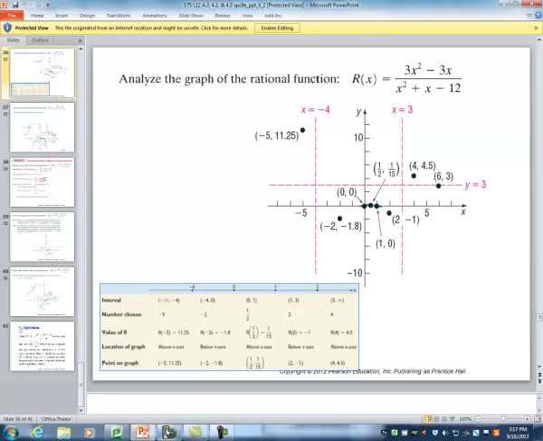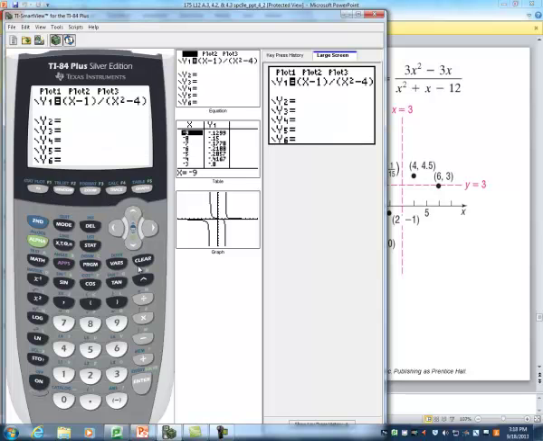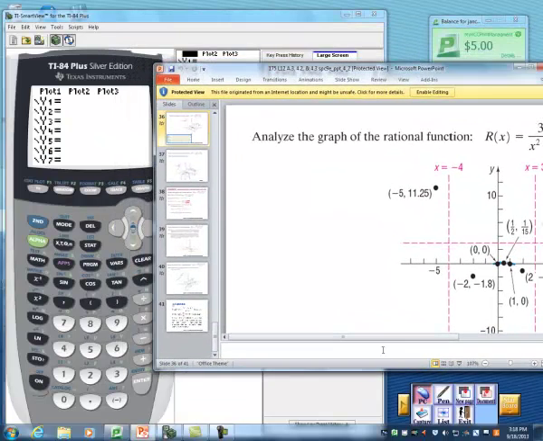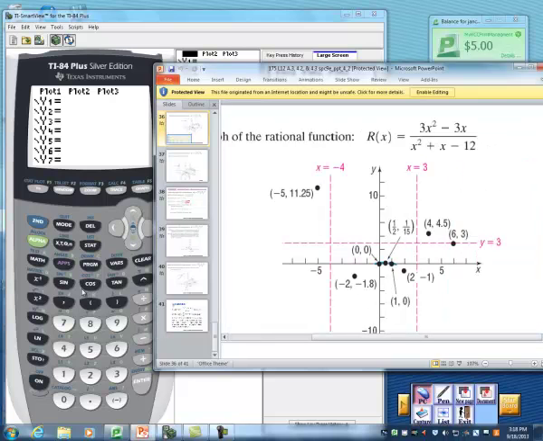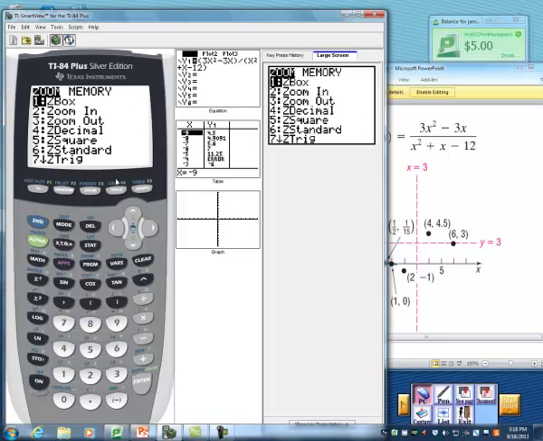We would have to put in here 3x squared minus 3x, open parentheses, and you don't have to put it in factored out, you can put it in the original format. 3x squared minus 3x, close it, divided by open parentheses x squared plus x minus 12. Close it up, and we're going to go to zoom standard again.